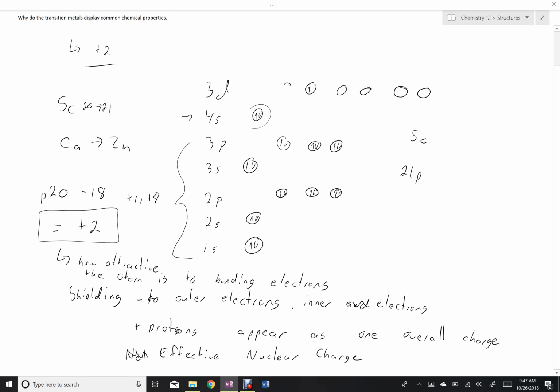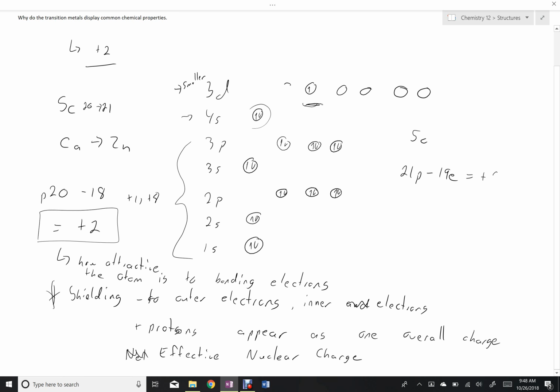What's interesting or different about this is that even though these shells are higher energy, they're still smaller. And that means they're still able to engage in shielding. So while I added one more proton, I actually also added one more electron to my overall shielding amount. I still have my 2, 4, 10, 12, 18, but now this 19th electron can also engage in that shielding. What that means then is my effective nuclear charge is stuck at +2.